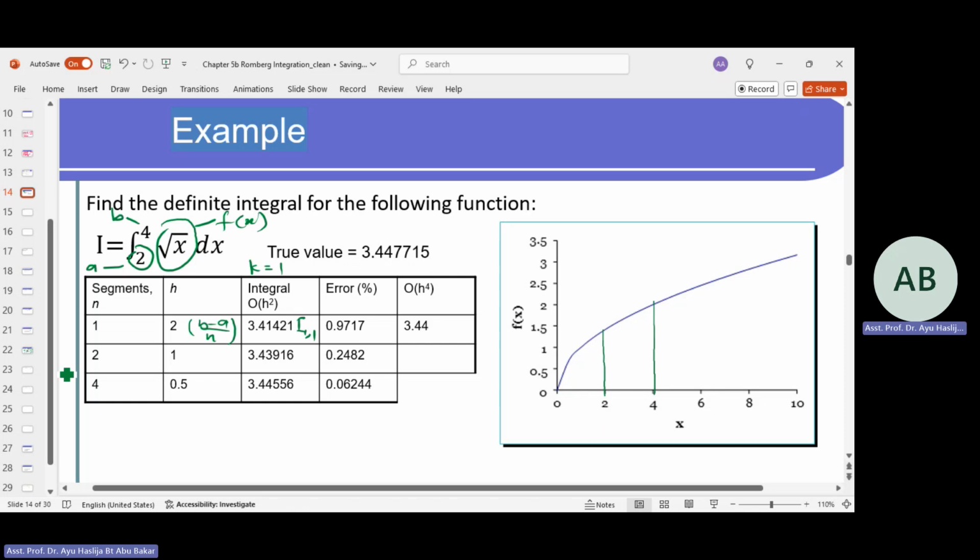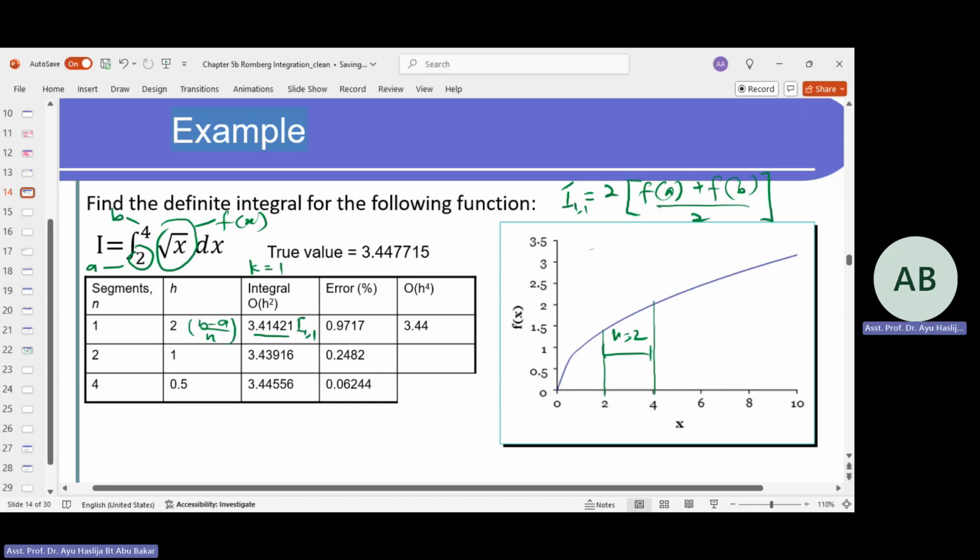A and B is 2, 4. H is 2. Then you find the integral using the trapezoid rule.